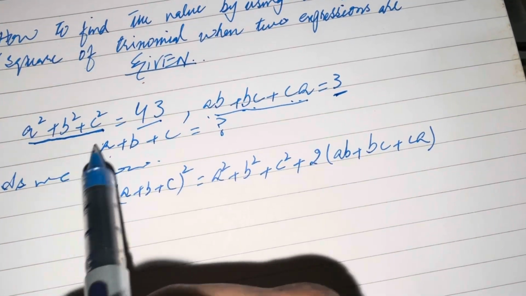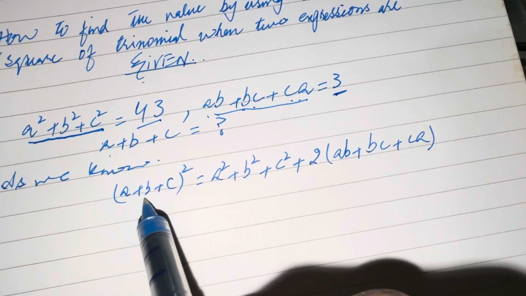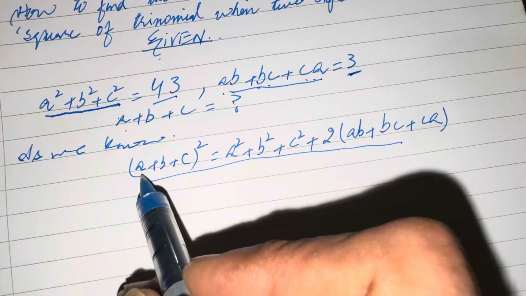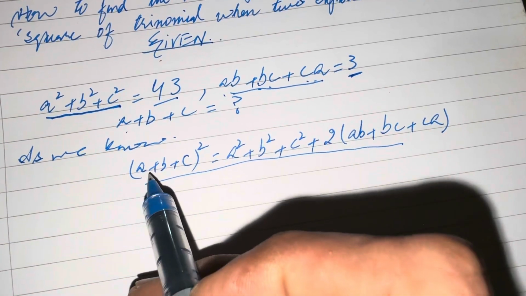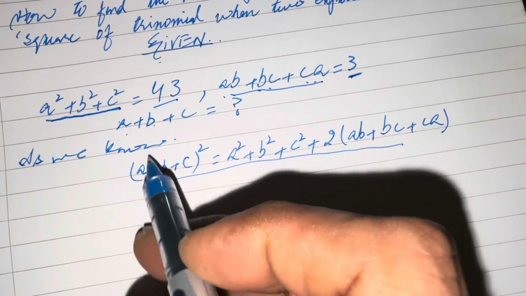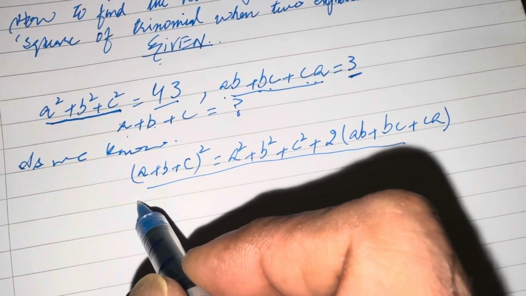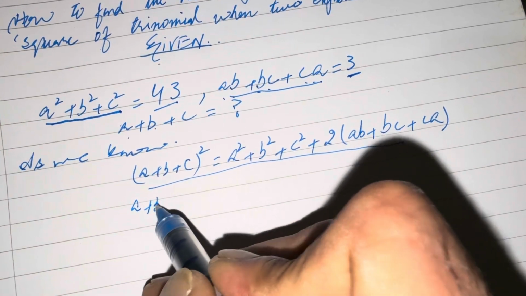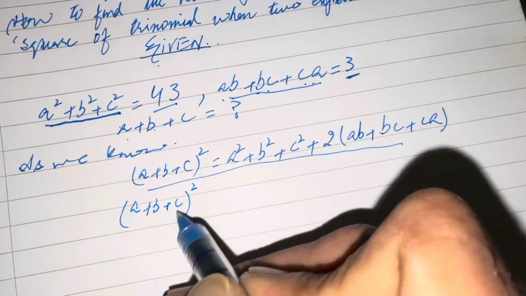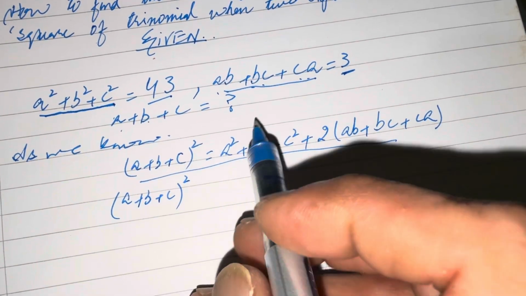So by putting the values in this formula, we have to find a plus b plus c, so the thing that we have to find we will write as it is, a plus b plus c, क्योंकि ये चीज़ हमने फाइंड आउट करनी होती है, जो चीज़ फाइंड करनी होती है उसको उसी तरीके से लिख दिया जाता है.